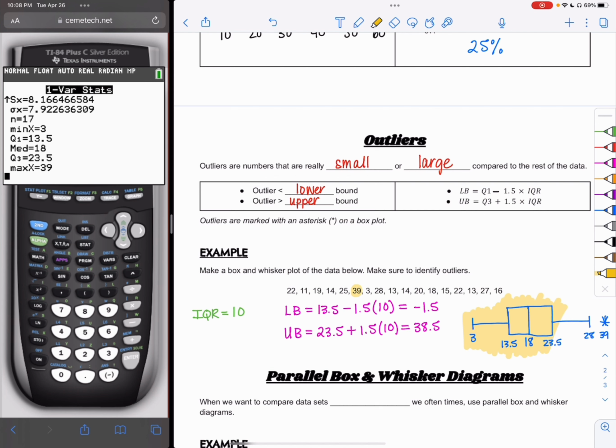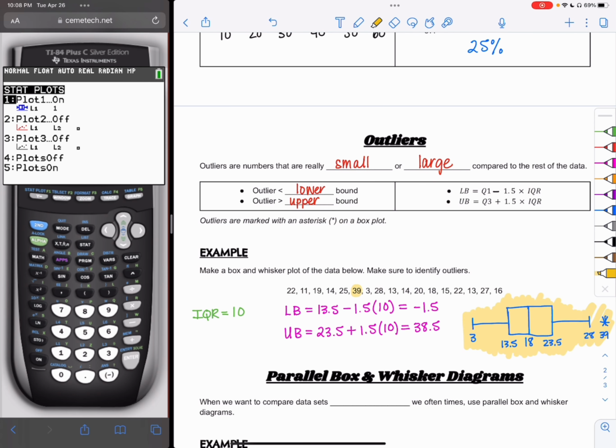All right, so if you wanted to use the calculator to do that, it would not be hard. All you would have to do is go to stat plot, so second y equals. We turn the plot on, and we have to make sure to go to where the fourth one is, because as you can see, we see a box and whisker plot and we see little dots.